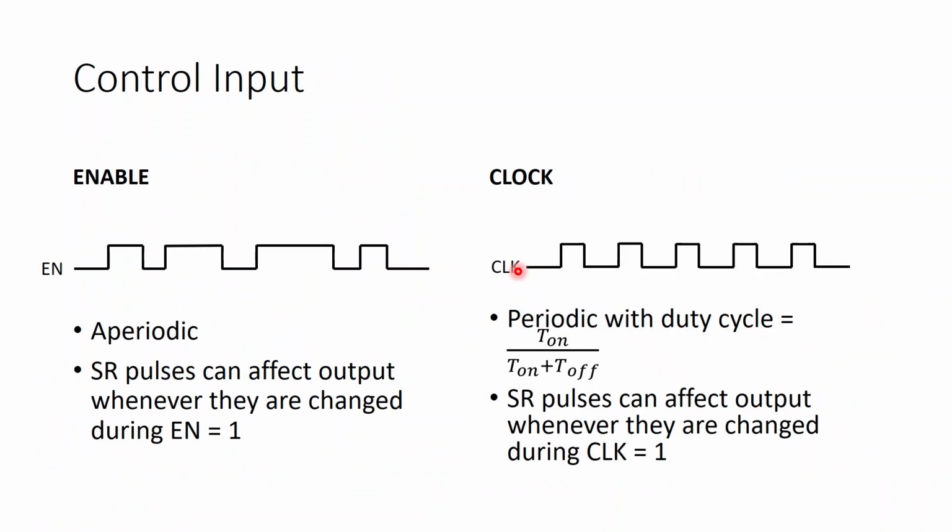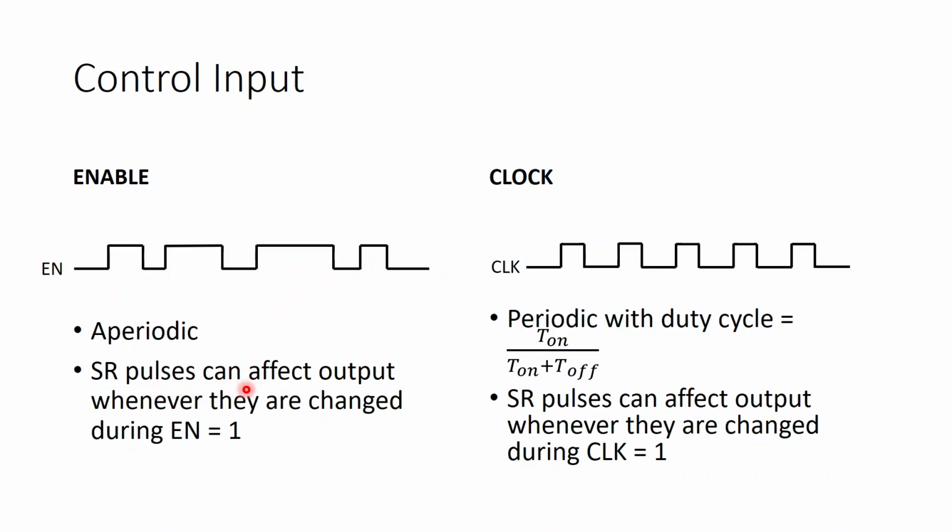Now let us look into the control input a bit. What type of control inputs can we give to the circuit? The enable is a general square wave. We can give random aperiodic square wave pulses, whose on and off times can be very irregular in nature, it doesn't matter.